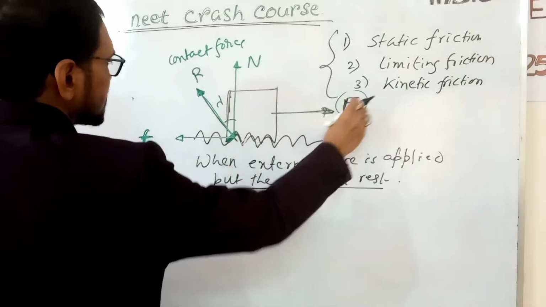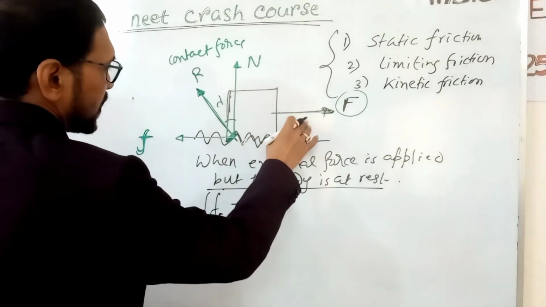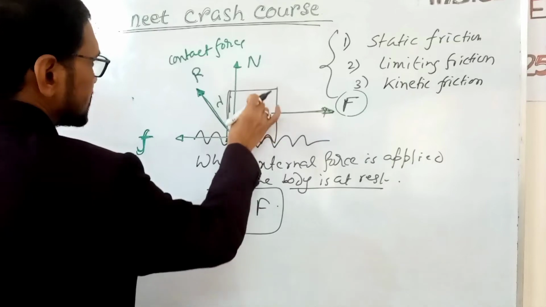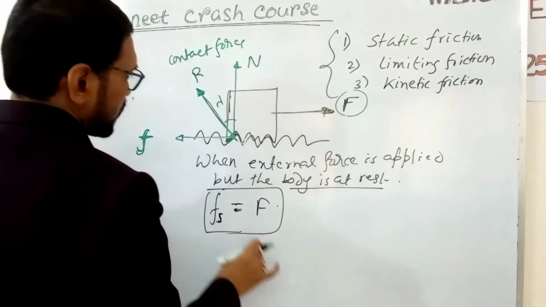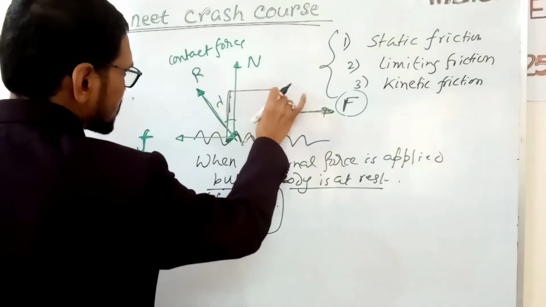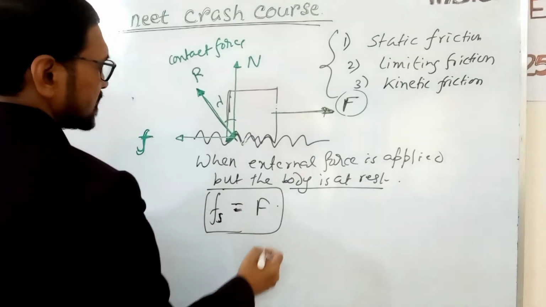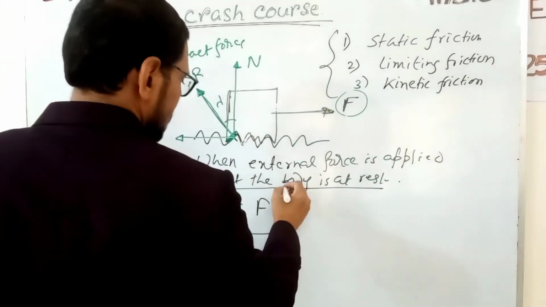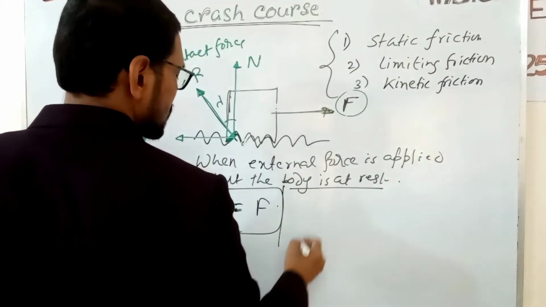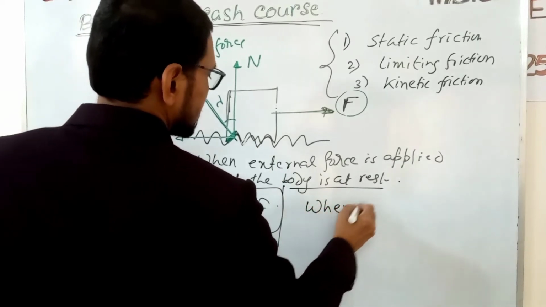Now the force is increased, and at a certain value of F the body is at the point of motion, that is, the body is just about to move. Then limiting friction is produced.